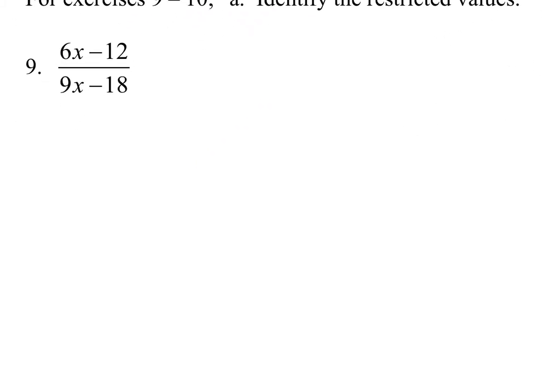And the restricted values, I just say 9x minus 18 equals 0. So 9x equals 18, so x equals 2 is the restricted value. So that's part A. Part B, to simplify this expression to its lowest terms, you want to factor everything.